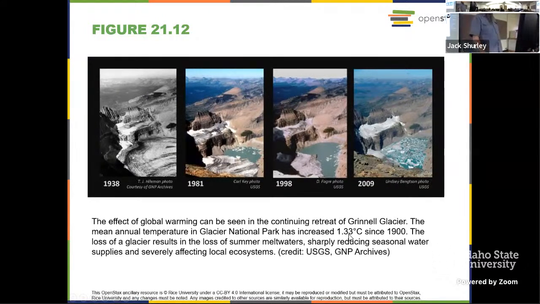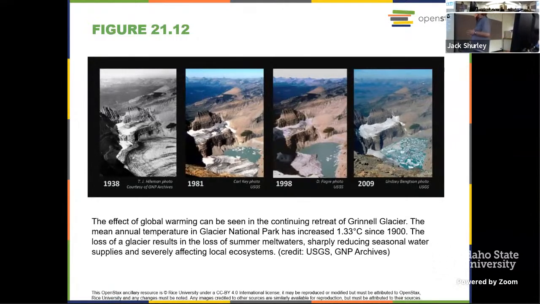So here we can see, since about 1900, the temperature in Glacier National Park increasing by about 1 1/3 degrees Celsius, which doesn't seem like a lot, but it's sufficient enough to lend to what we are visualizing right now. There are all sorts of concerns with what we may think of as a subtle temperature increase, but it's more than that, right?